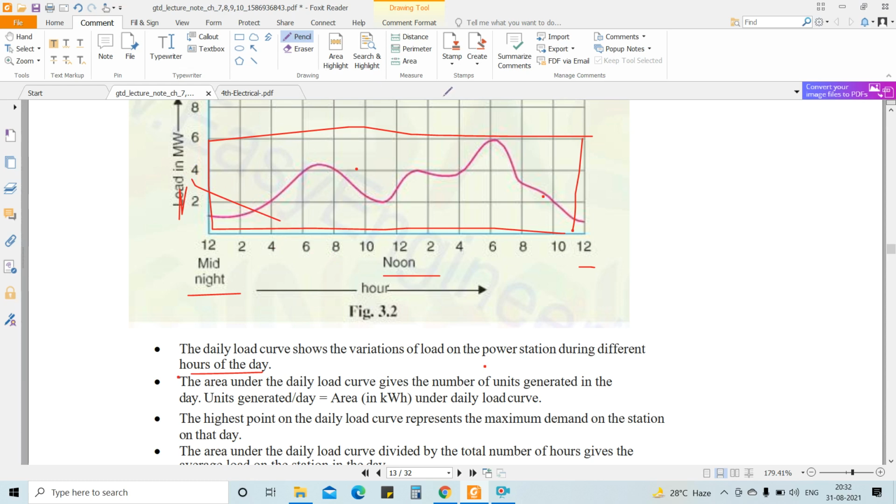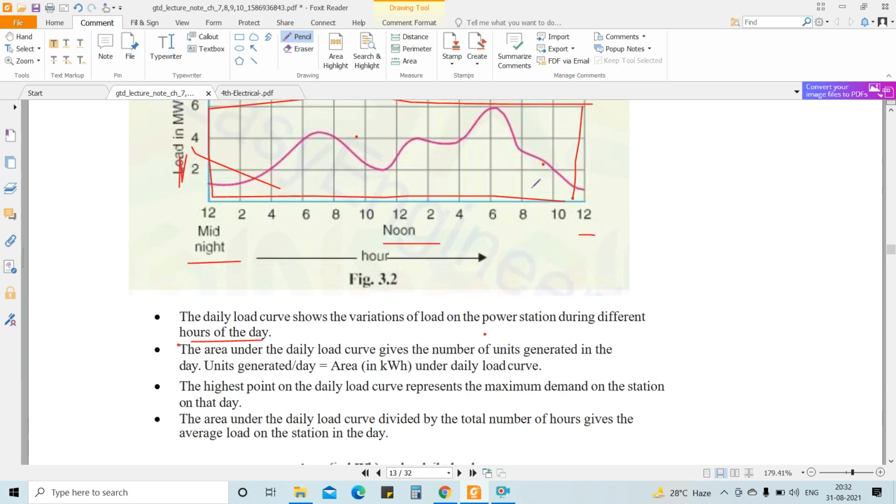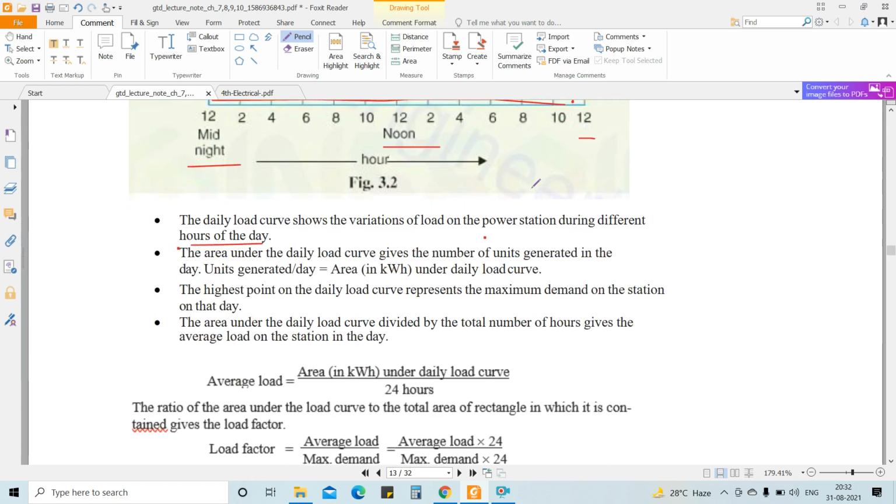Because this load curve maximum goes up to this range and minimum is this, this forms the area. Like this we calculate the area. So by calculating the area we can find out the units generated per day. So units generated per day is equal to the area in kilowatt hour under the daily load curve.